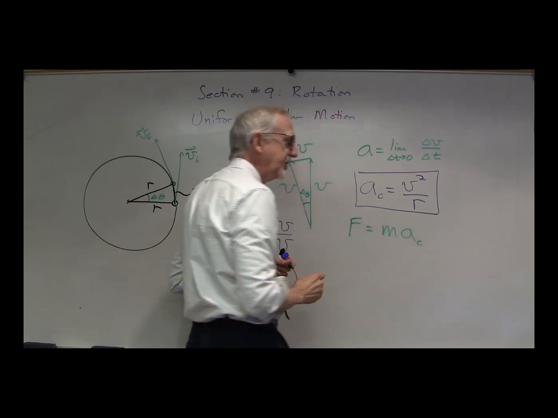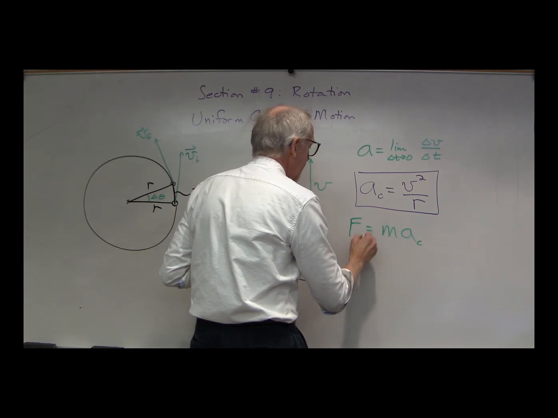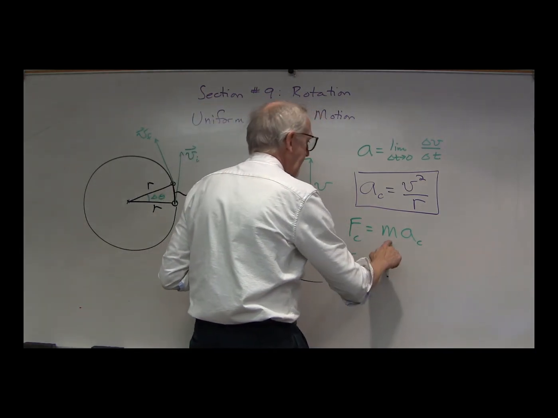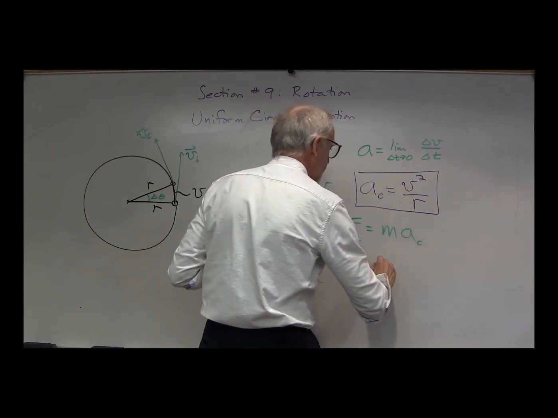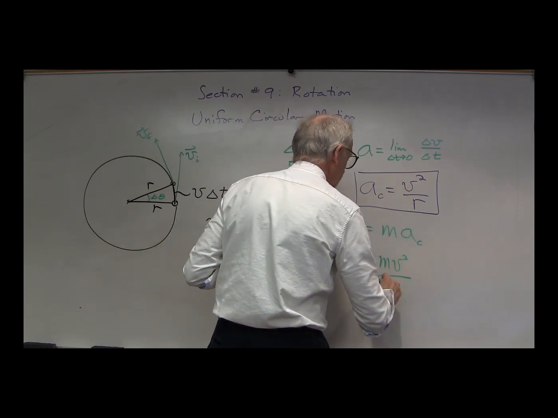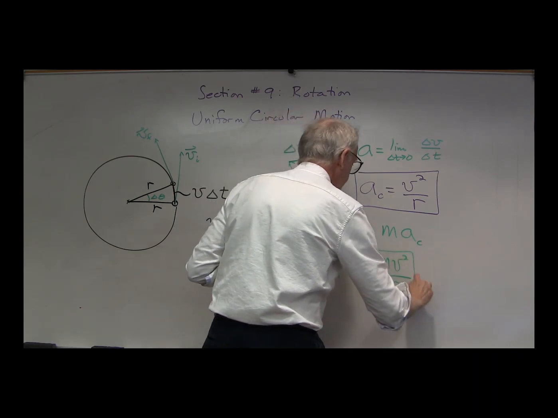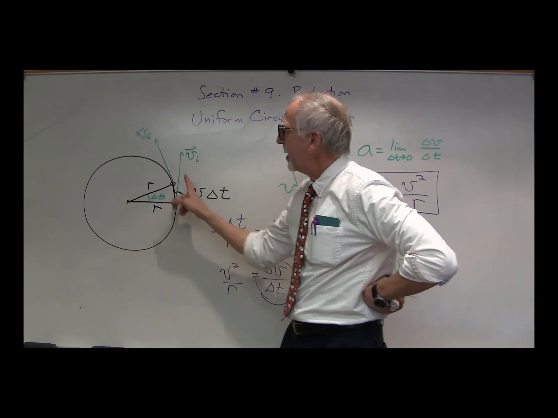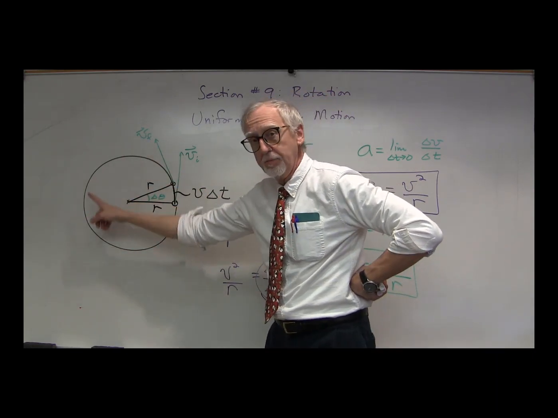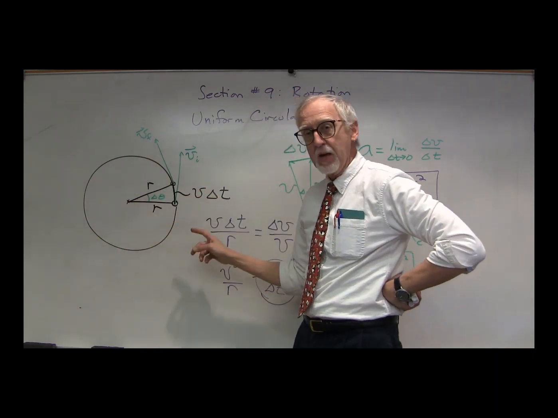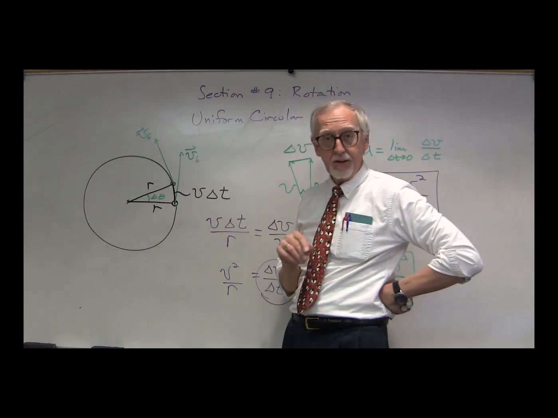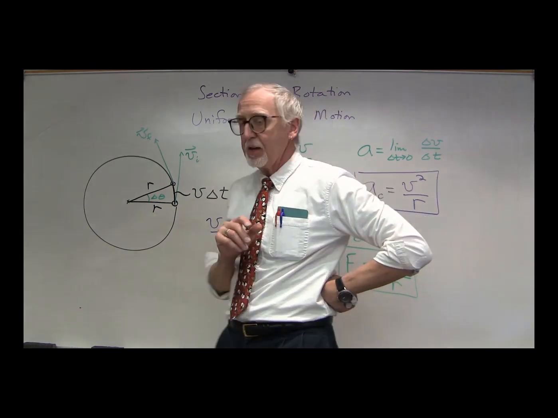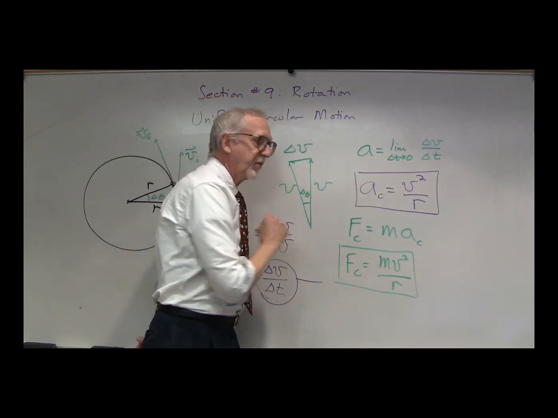If that's the acceleration of the object, which is centripetal, then we must have a centripetal force, and the centripetal force must be m times the centripetal acceleration, m v squared over r. So what does this mean? That means that in order to keep an object going around in a circle at a uniform speed, there must be a force acting on it towards the center of the motion. The magnitude of that force is equal to m v squared over r.